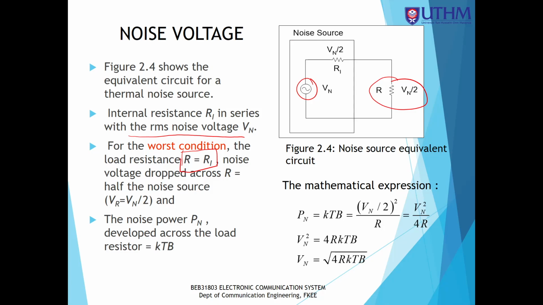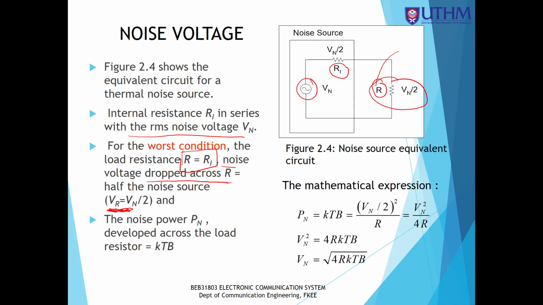If R equals the internal resistance, it will produce the worst condition of noise voltage at the load. The noise voltage drop across R load is half the noise source, so the voltage at the load is equal to Vn over 2. This is based on Ohm's law.